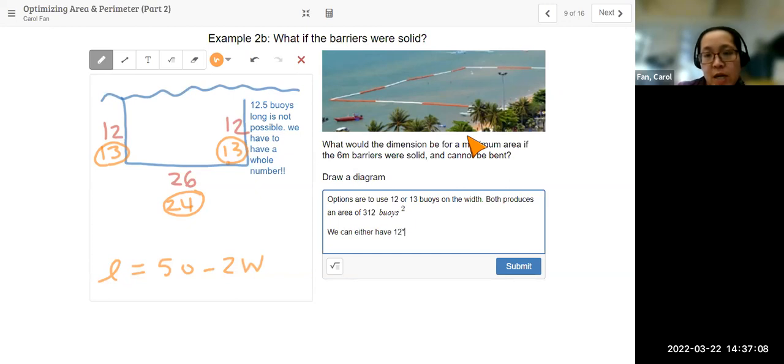So 12 times 6 gives us 72 feet, and 26 times 6 is 156.